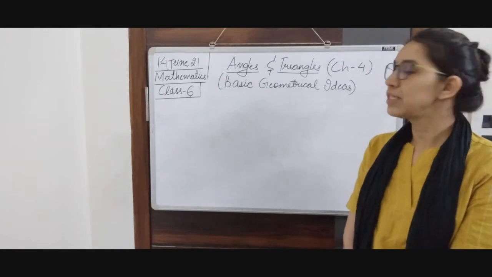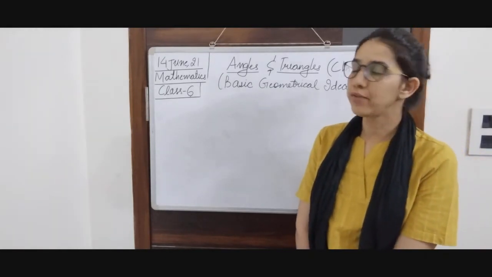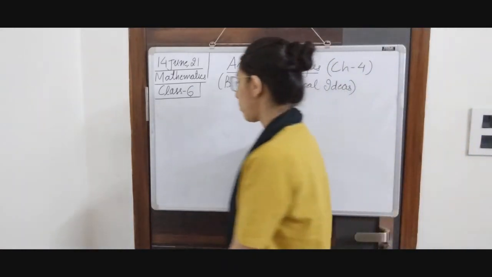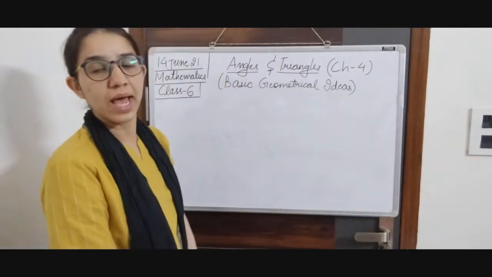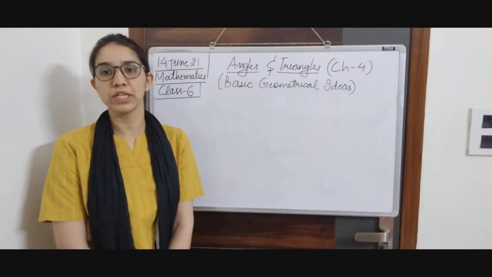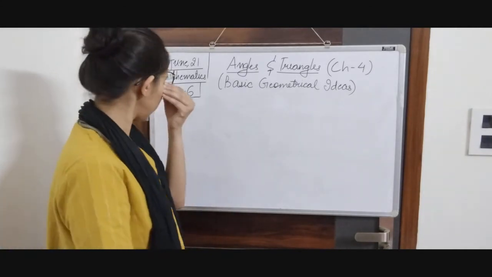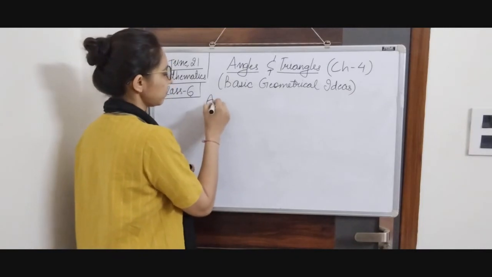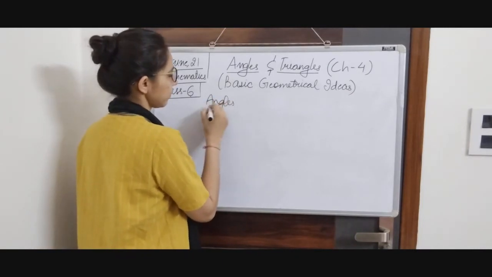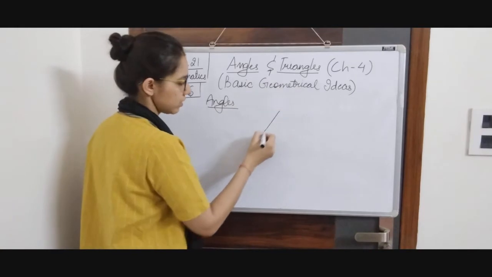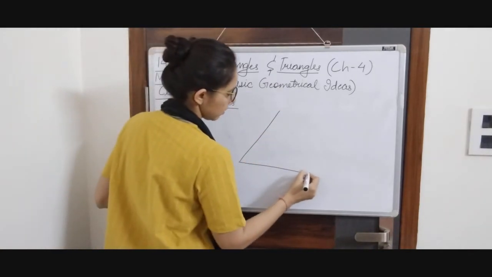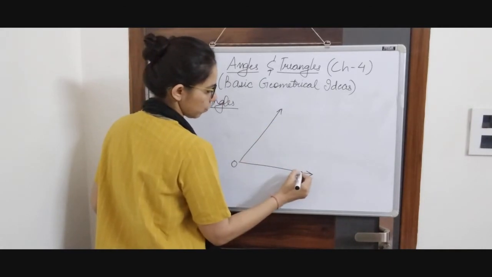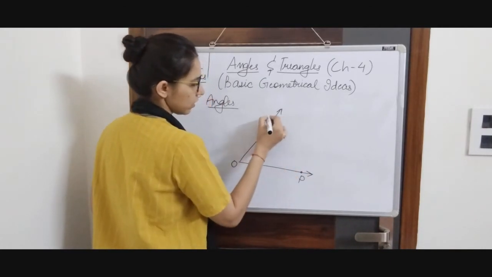In today's class, we are going to move forward and introduce angles and triangles. Suppose we have two rays and both the rays have the same initial point. Then angles are formed by two rays. Suppose this one is OP and this one is OQ.